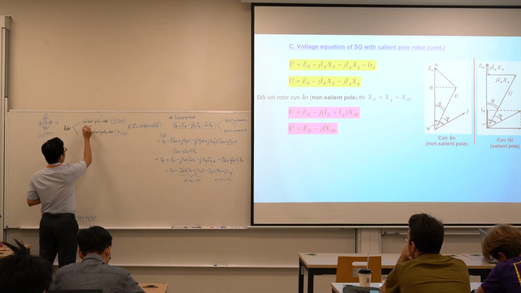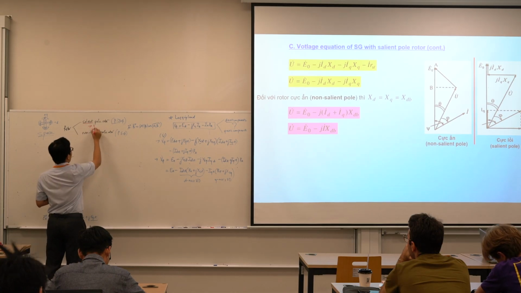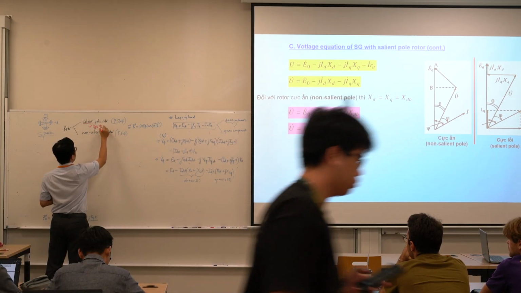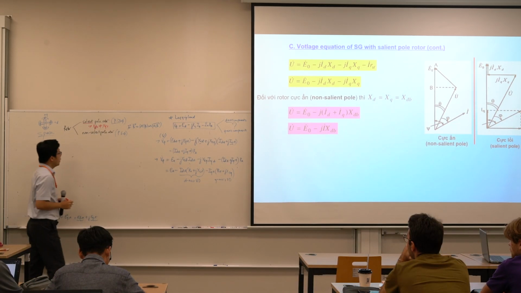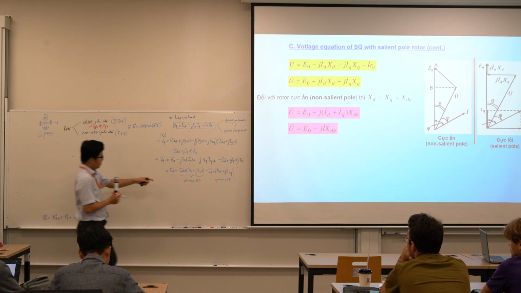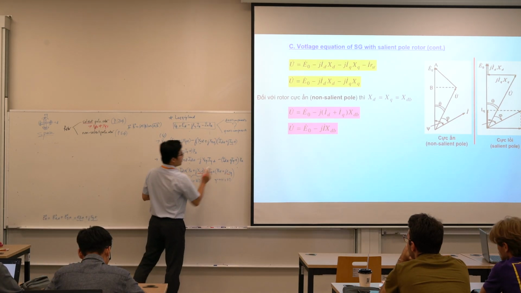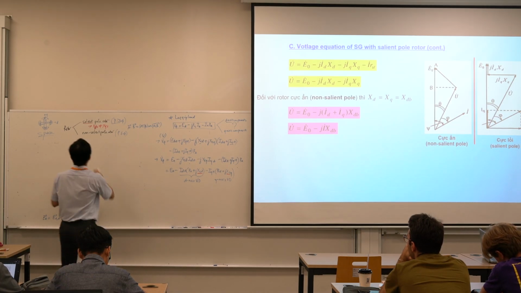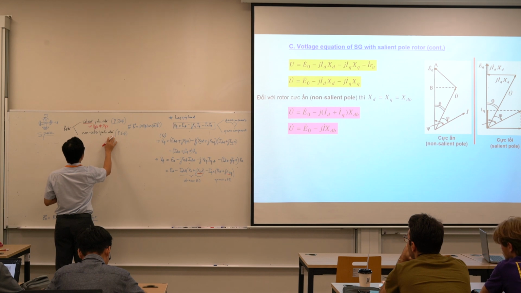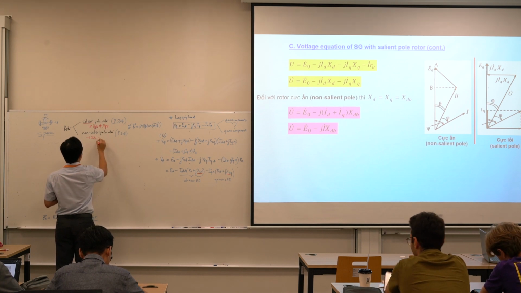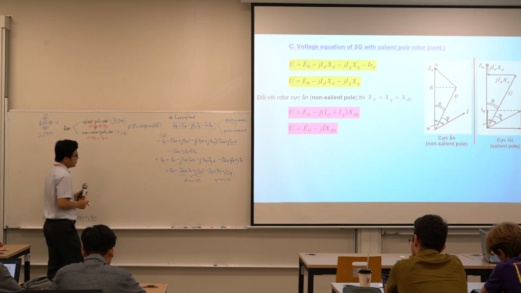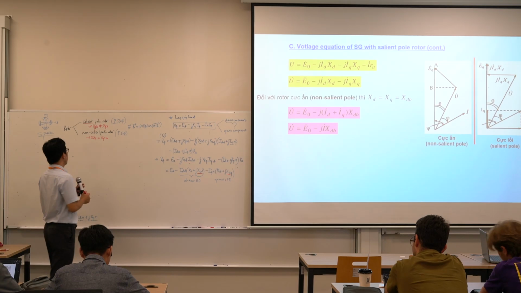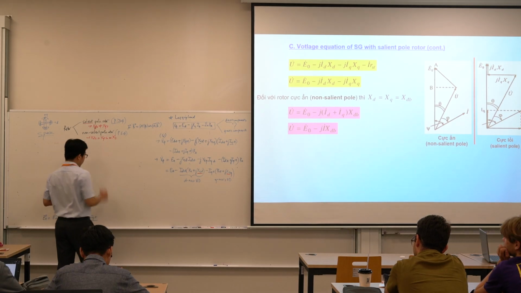So we have the conclusion. If we have salient pole rotors, we have XDS different from XQS. Yeah, different. For non-salient pole rotors, we have XDS equal to XQS, and equal to XS.